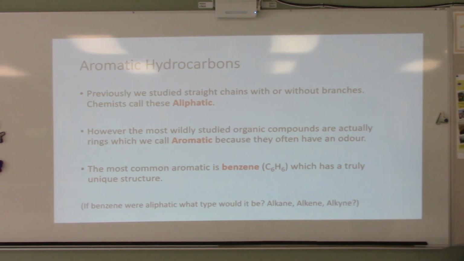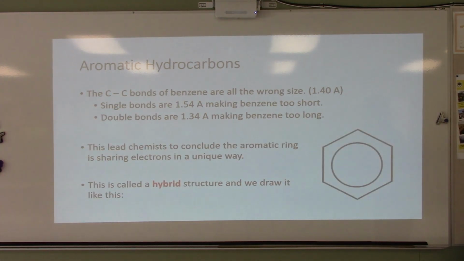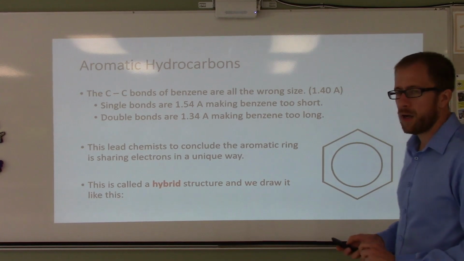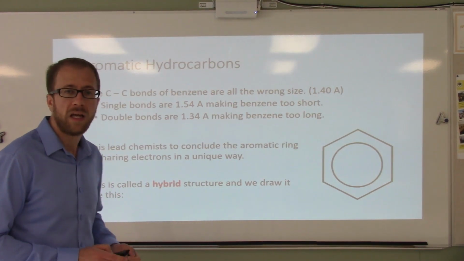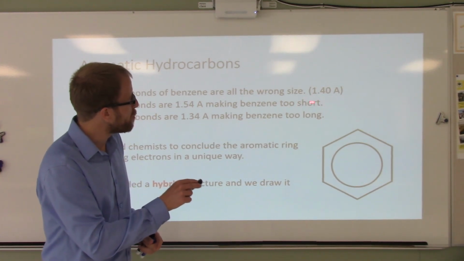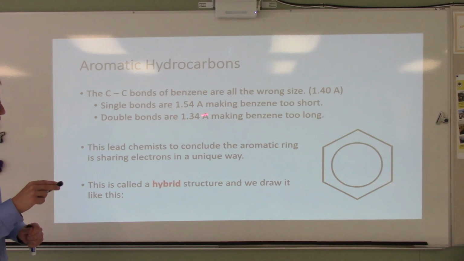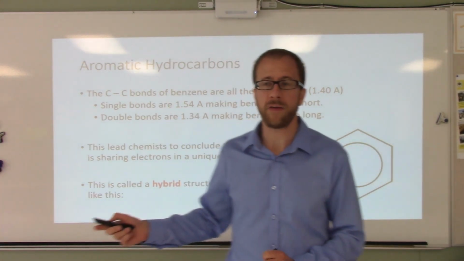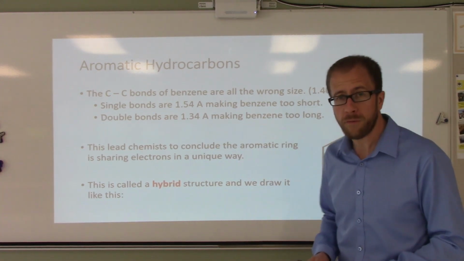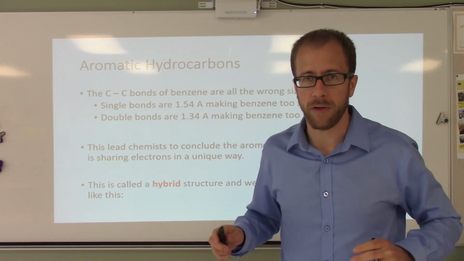So, benzene is very unique. The carbon-to-carbon bonds within benzene have a length of 1.4 angstroms. Now, single bonds have a value of 1.54, double bonds have a value of 1.34, and triple bonds are even closer together.